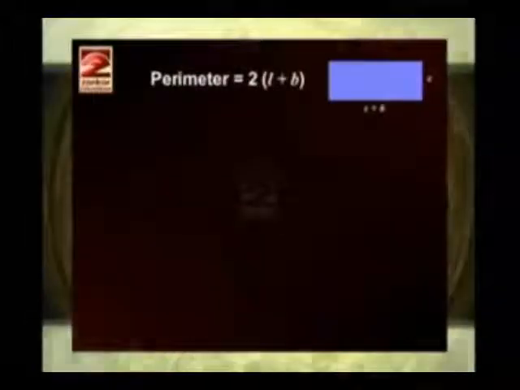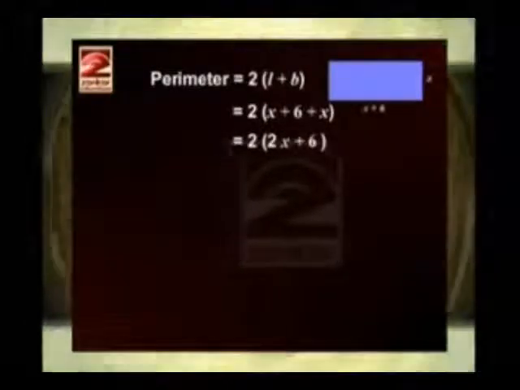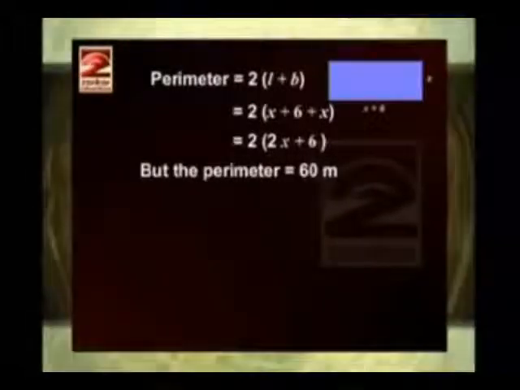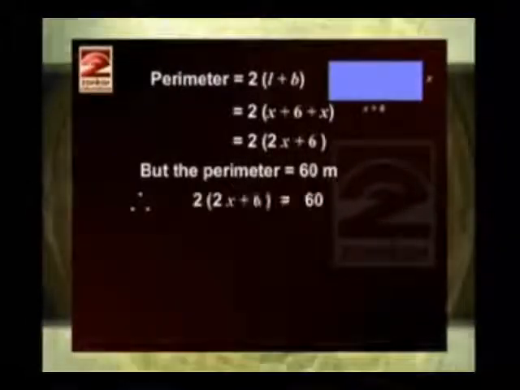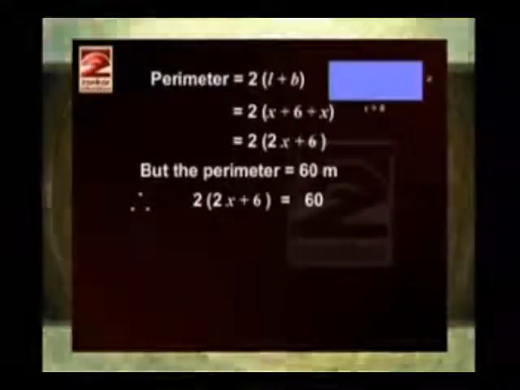So perimeter is equal to 2 into bracket L plus B, that is equal to 2 into bracket x plus 6 plus x, that is equal to 2 into bracket 2x plus 6. But the perimeter is 60 meters and therefore 2 into bracket 2x plus 6 is equal to 60.